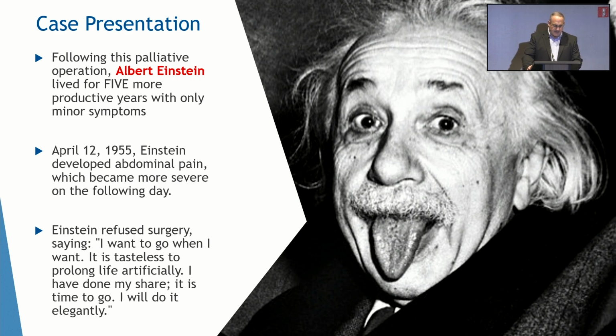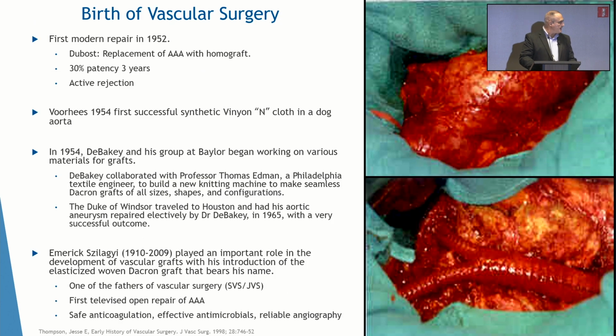But in 1955, he ultimately succumbed to likely a rupture and really refused treatment at that point, which was fairly interesting. So again, the birth of vascular surgery was really around these years.